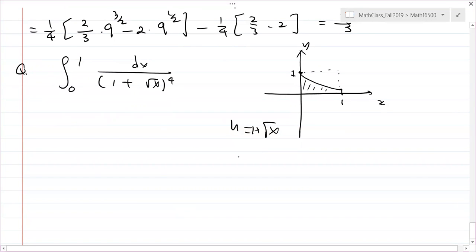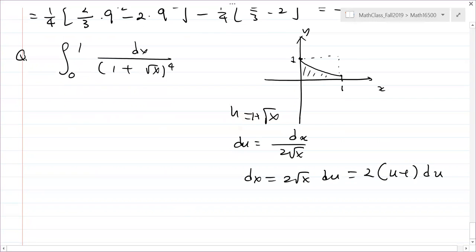Okay. So now du equals dx over 2 square root of x. In other words, dx equals 2 square root of x du, right? Now what is the square root of x? It's u minus 1, so dx is twice u minus 1 du. That's good.